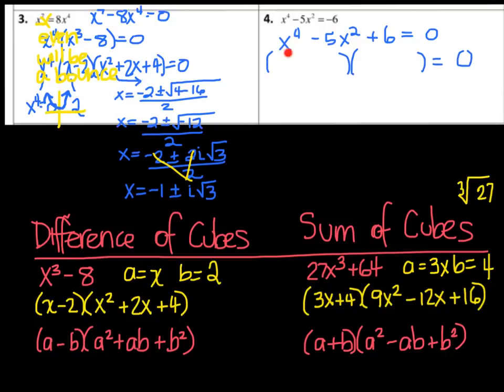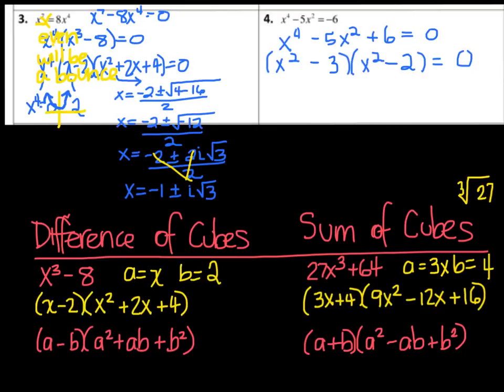I know that x to the fourth is going to be x squared times x squared. And now remember from guess and checking that I need this number times this number to give me positive 6, but the inside and the outside to add to negative 5. So both of my signs have to be negative, and that's going to give me a 3 and a 2.